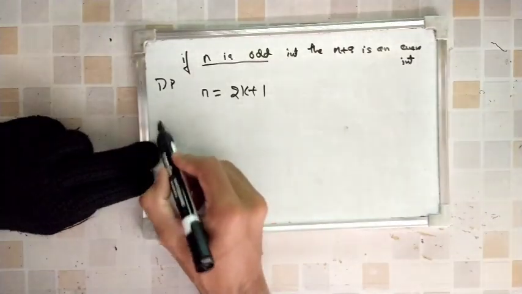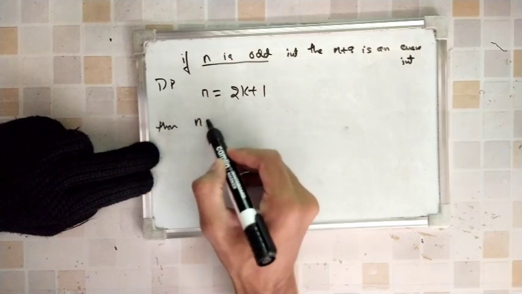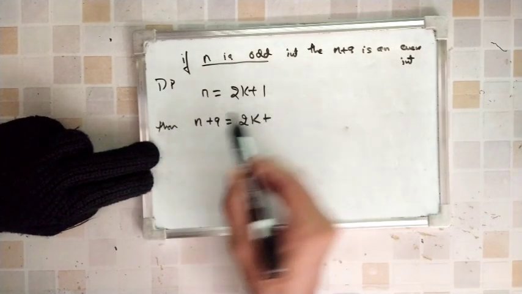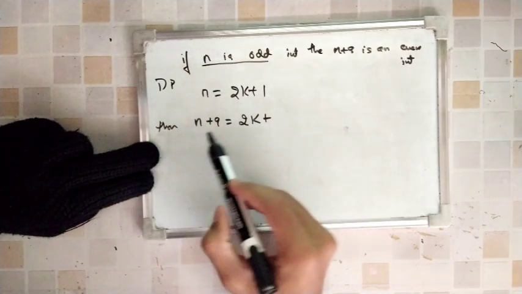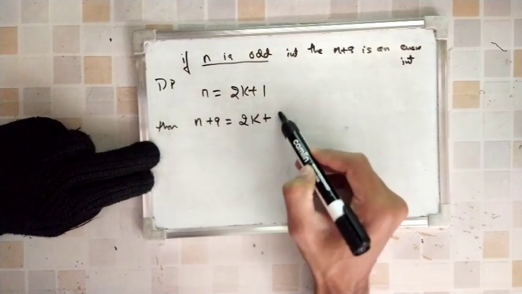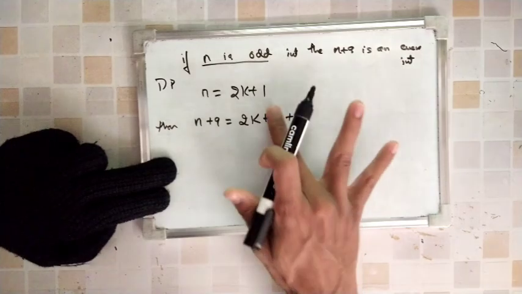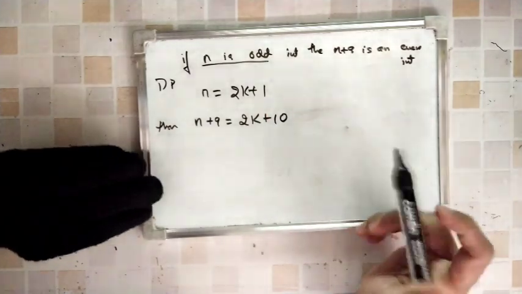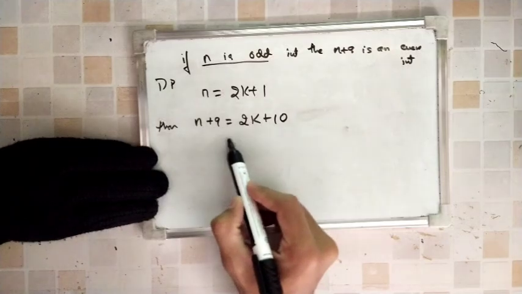Then n plus 9 equals 2k plus 1 plus 9, since I am adding 9 on both sides. 1 plus 9 is 10, so n plus 9 is 2k plus 10.